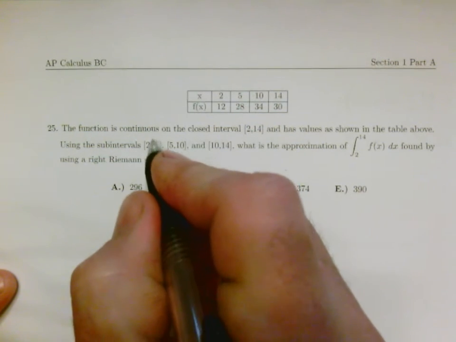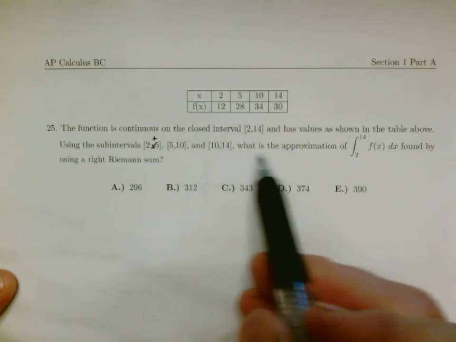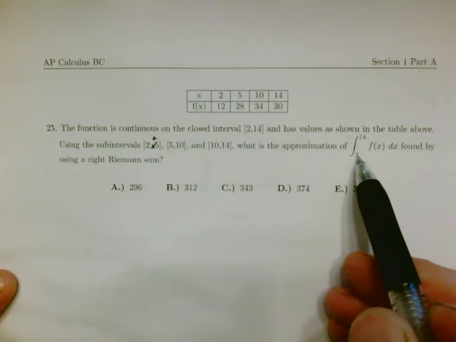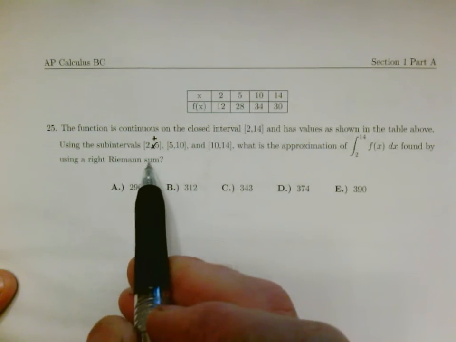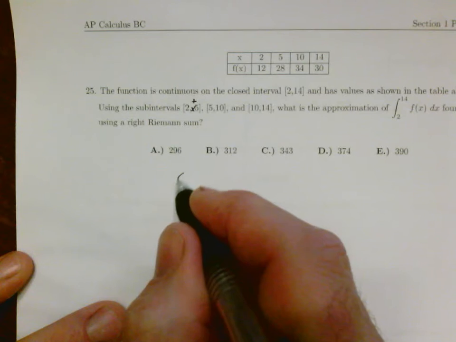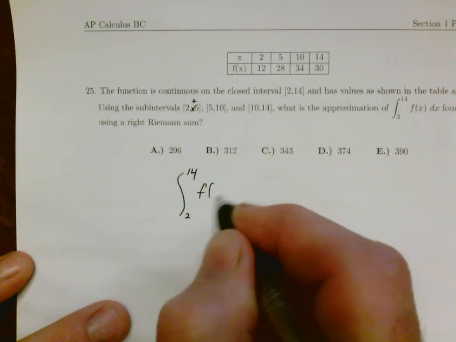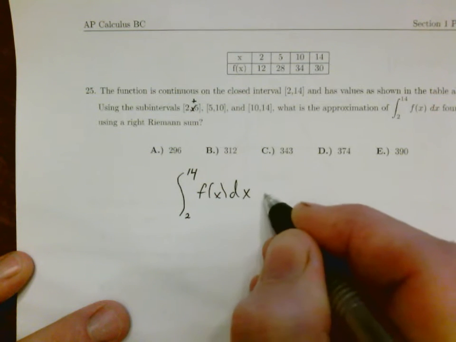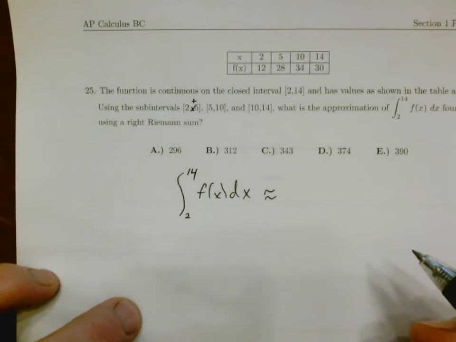Sorry about that, you guys. 5 to 10, and 10 to 14, what is the approximation of the integral from 2 to 14 of f of x dx found by a right Riemann sum? Okay, so right Riemann sum, when we do this, we're going to have the integral from 2 to 14 of f of x dx, and this is going to be approximately equal to, because this is a Riemann sum, we're just approximating it.